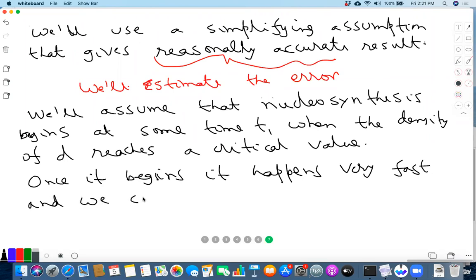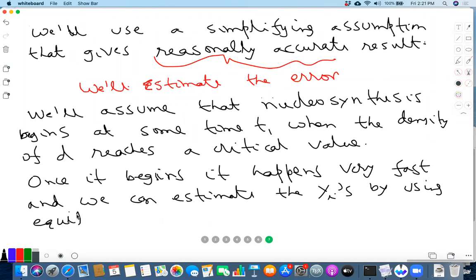And we can estimate the numbers, the yi's, by using the equilibrium statistical mechanics formula. And we will see how exactly this is done.